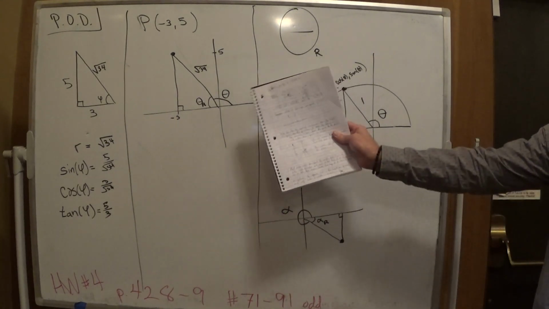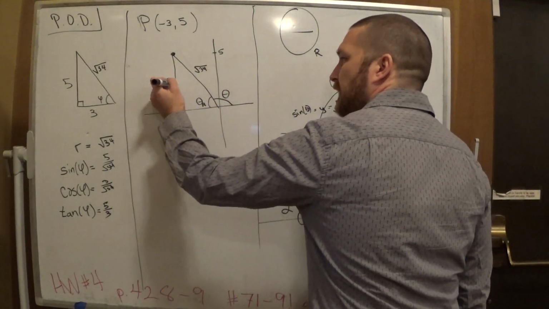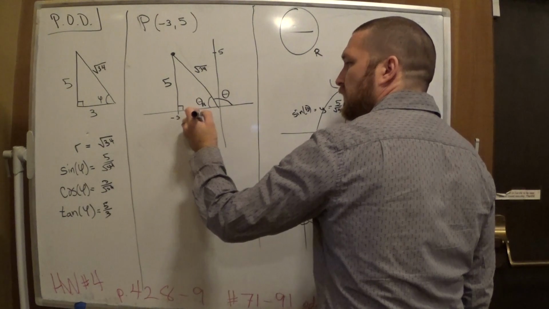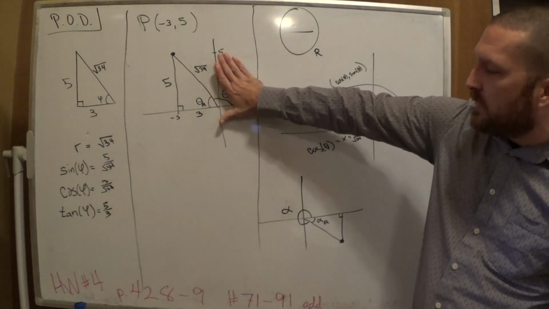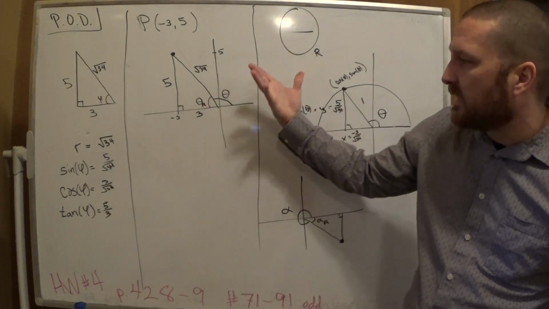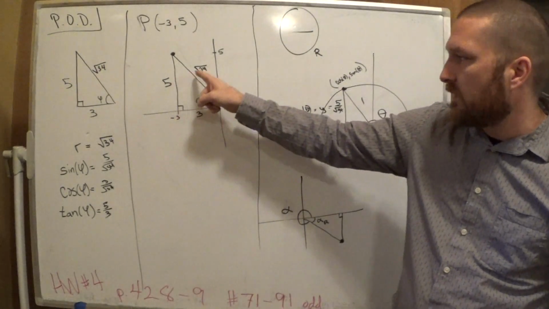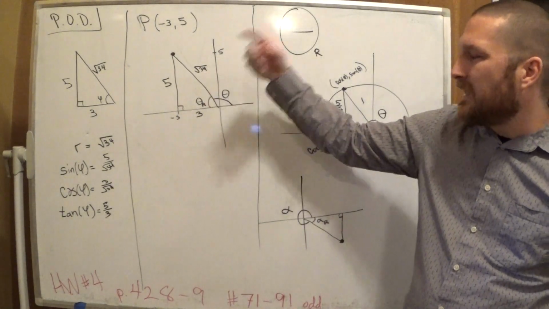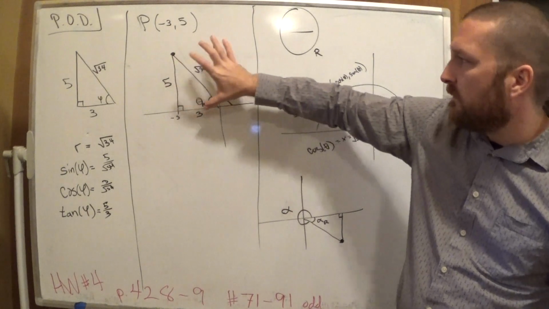So in this case, we know that this height is 5. We know that this base is 3. And we could think about this the same way we did before. It's already been drilled into our heads that if I need to find sine, I just go on this triangle and go that one over that one, right? But now the only thing we need to think about is the actual values of it.